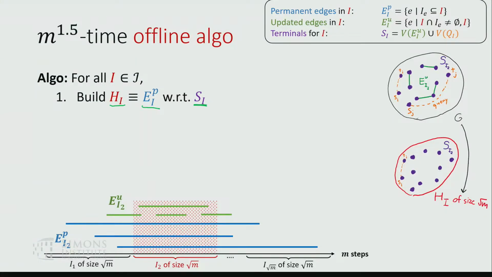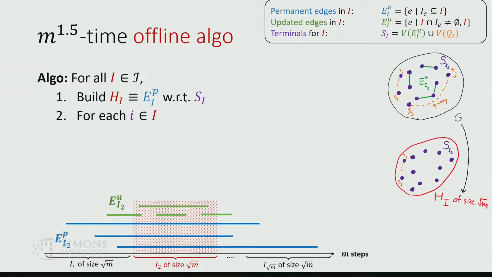Why? Because your terminal set is of size root m. So this is where compression is going on. Like the permanent edges can have linear size, but you compress it to root m size. So this is just a graph for one interval, like graph H_I is for this whole interval. Okay.